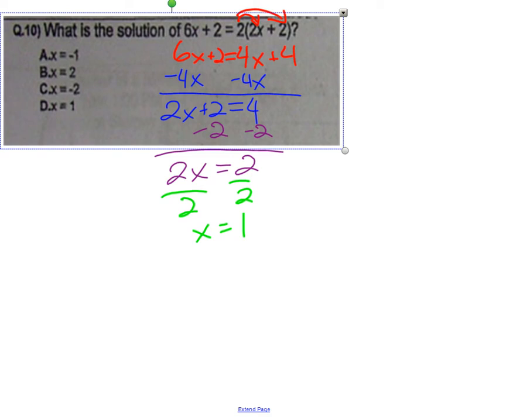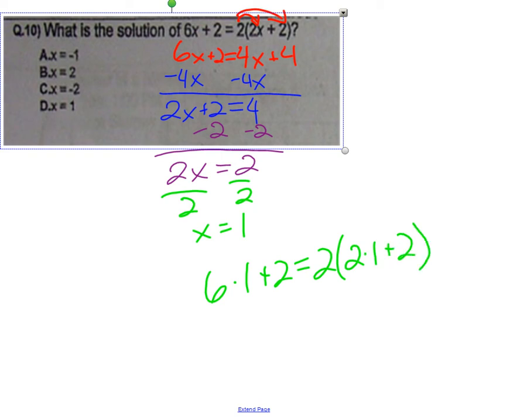And we can check that up here, especially if you're taking a serious test that counts as a major grade. 6 times 1 plus 2 equals 2 times 1 plus 2.